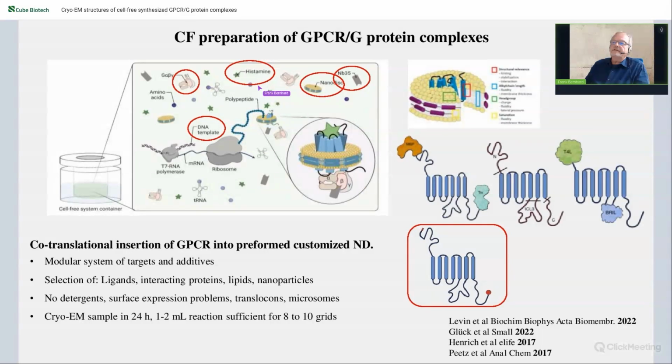And what you see here is basically a modular system. The basic cell-free system containing precursors and energy system always stays constant. And what we change, depending on a new target, is simply the DNA template. And depending on the complex you want to produce, the G protein or the particular agonist or antagonist. And if available, also stabilizing nanobodies or antibodies.